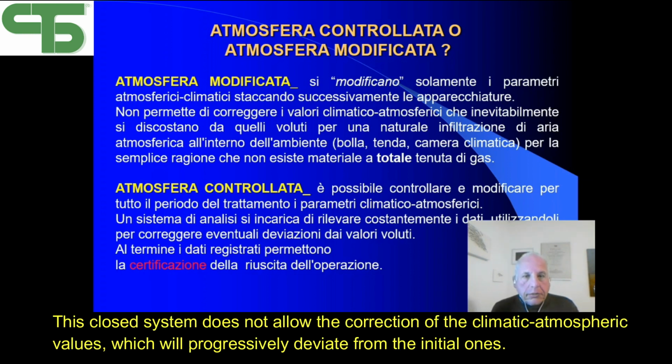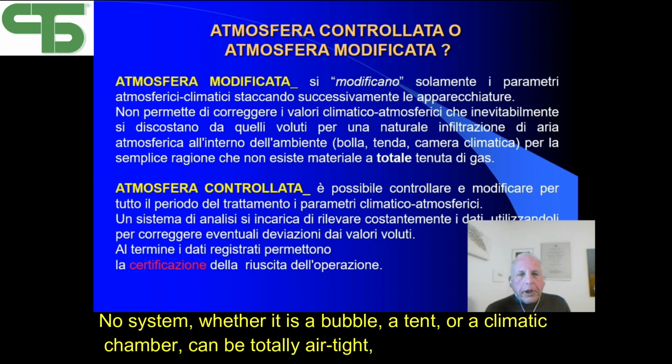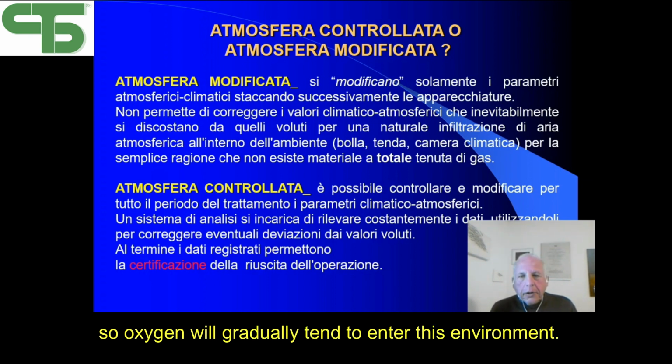This closed system does not allow the correction of the climatic atmospheric values, which will progressively deviate from the initial one, and so no system, whether it's a bubble, a tent or a climatic chamber, will be totally airtight. So oxygen will gradually tend to enter this environment.